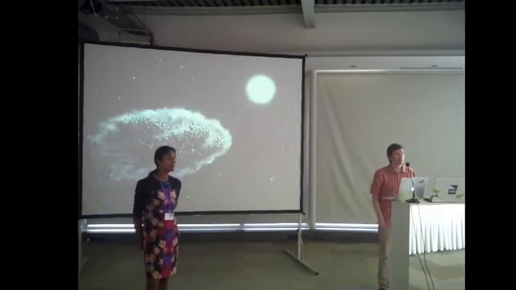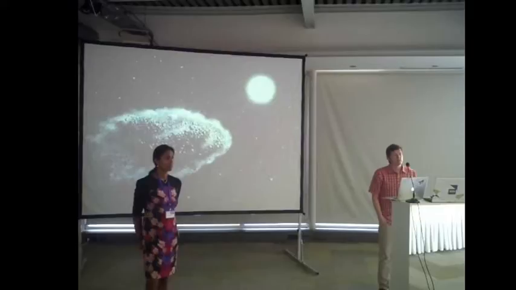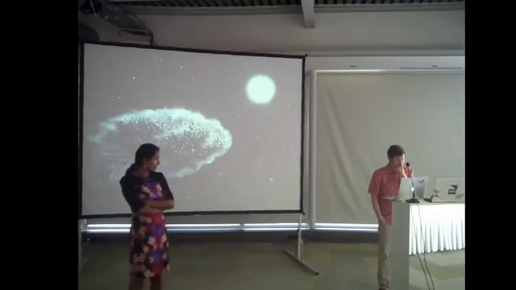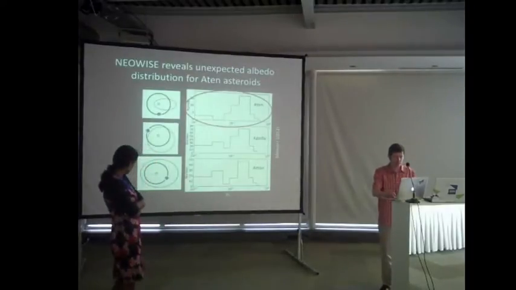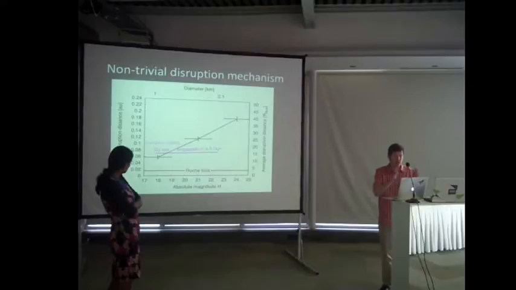So is it fair to say that the current data sets tell us that the distribution depends on size, but we don't know why? Okay, you're referring to the orbit distribution changing as a function of size.